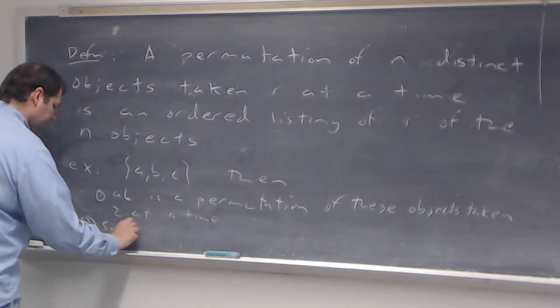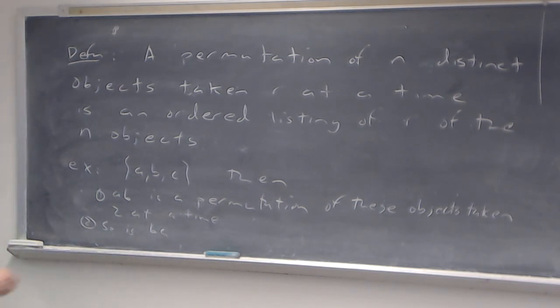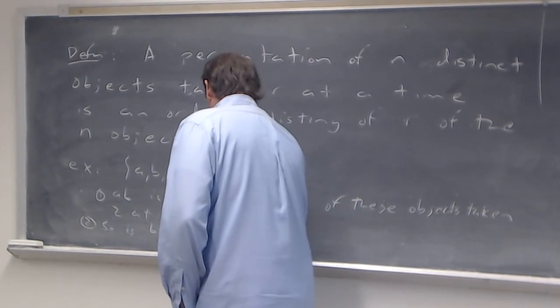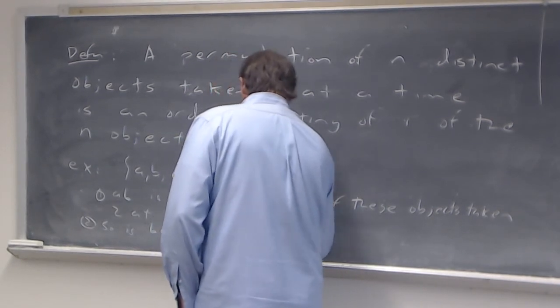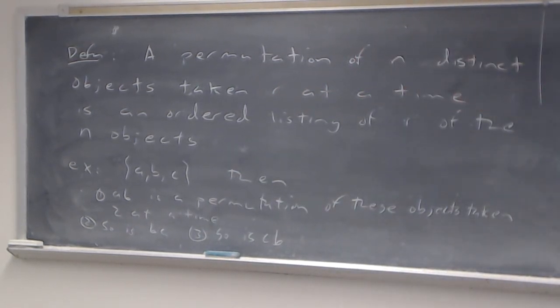So is BA. Okay. And finally, as another example, so is CB. That's a permutation of these objects taken two at a time.